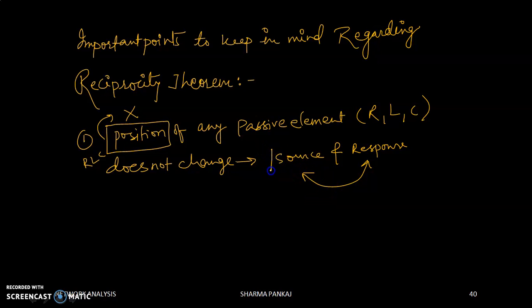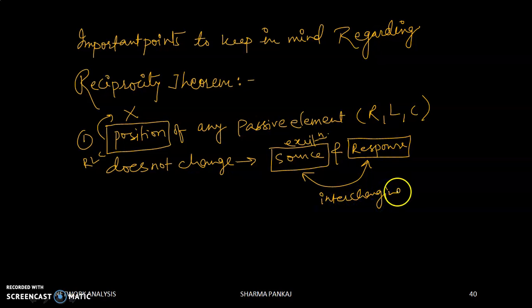By this big smile, you can remember that only the position of the source, that is the excitation, and the response are interchanging. So the big smile gives you the idea that the position of the source or excitation and the response are interchanging among themselves.